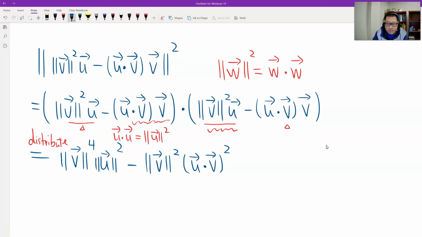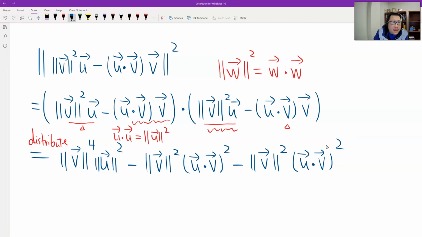So negative the norm squared is still there, and the u dot v and v dot u. v dot u equals u dot v. So therefore we still have u dot v squared, which is the same as this term. We already used the symmetry property, or the commutative property.